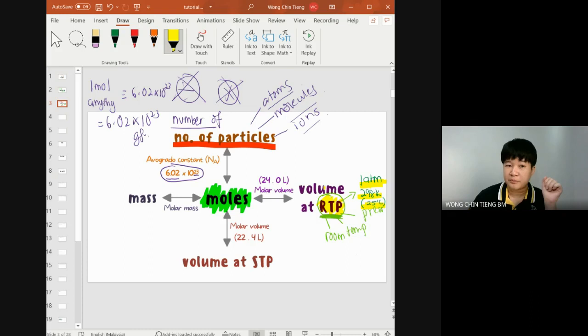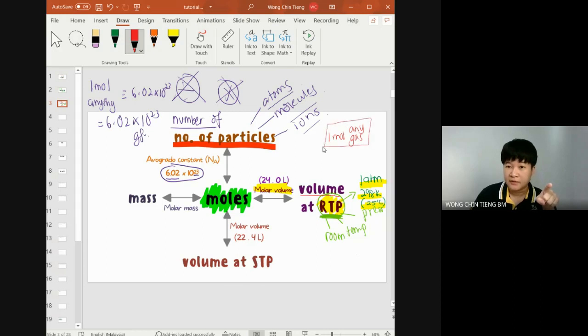Because the molar volume is 24 liters. What is meant here is that I have 1 mole of any gas. Why gas only? Because volume is only applicable to gas. We cannot calculate volume for liquid, and solid even less. The volume at 25 degrees Celsius and 1 atm only applies to gas.